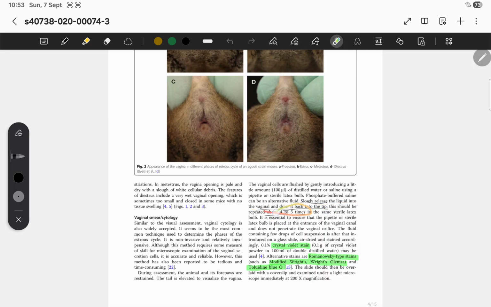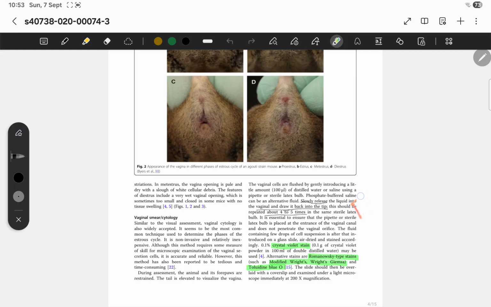This should be repeated 4 to 5 times with the same sterile tip. Do not penetrate the vaginal orifice. A few drops of the cell suspension are then placed on the glass slide and air dried.